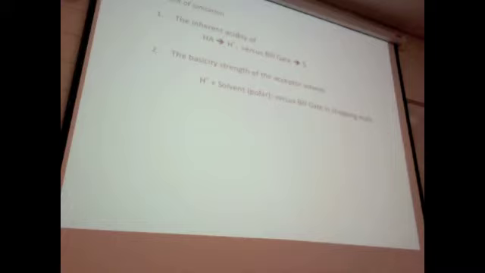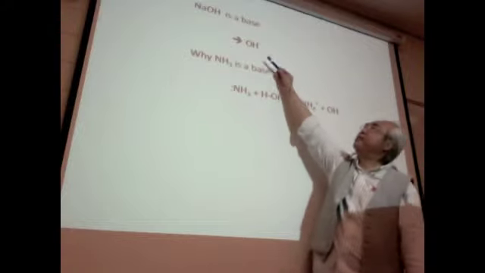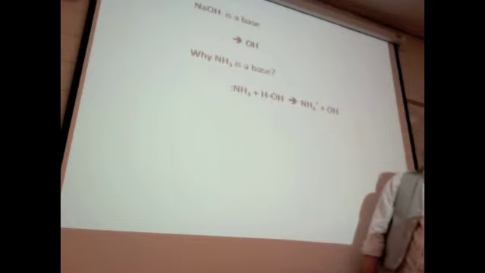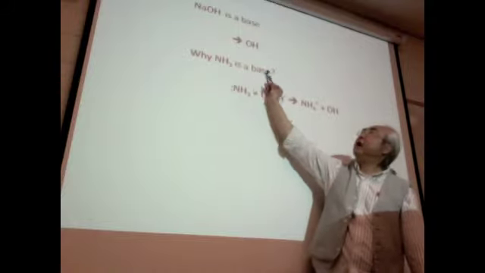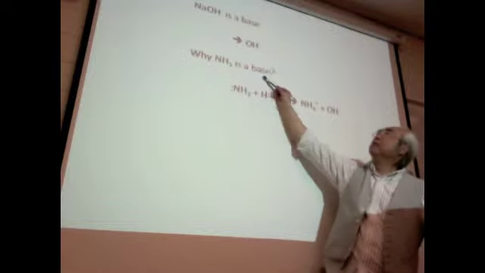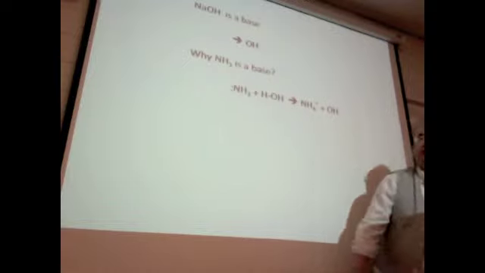Now this shows an important concept, okay? Looking at a chemical formula, NaOH is a base because it has an OH minus associated with it, no problem, right? Once it goes into water, the mixture is going to be alkaline. Now look at NH3, ammonia. Why do you call it a base?